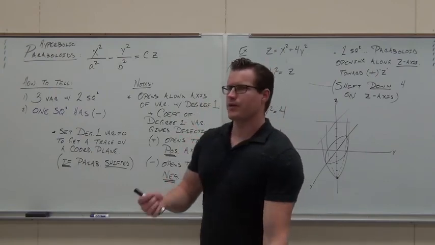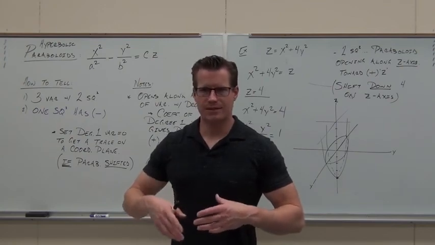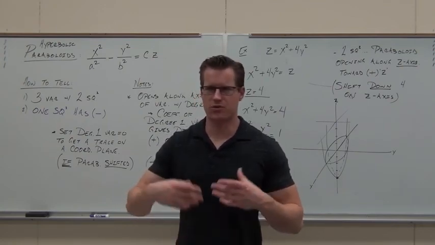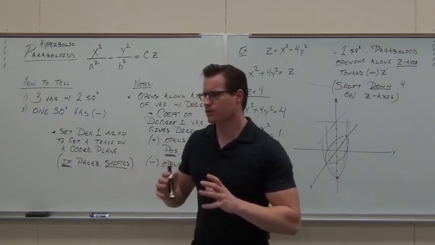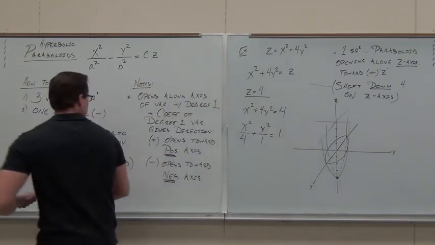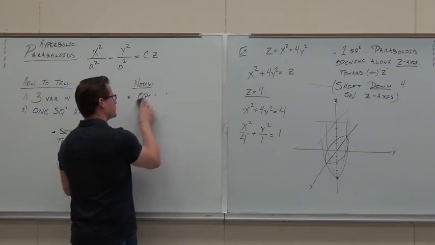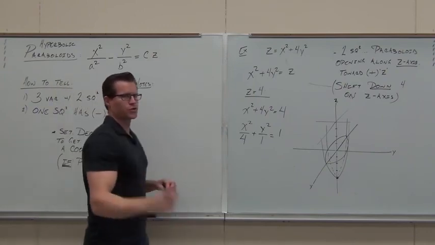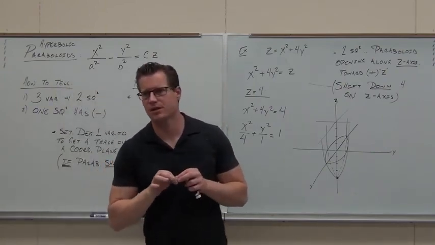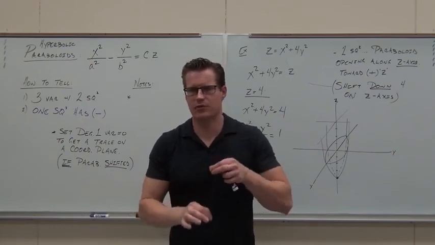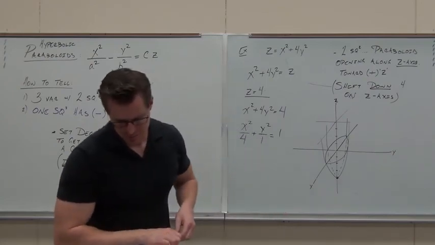The degree 1 variable still gives us the direction of travel, our direction axis, but it works a little funny.